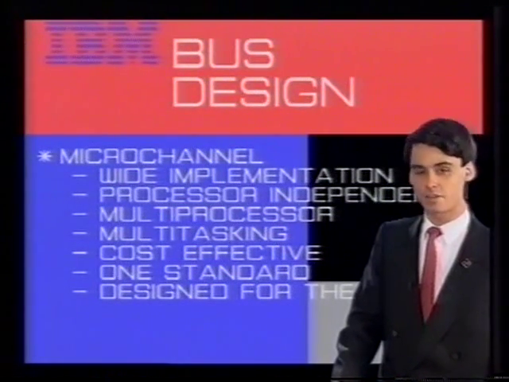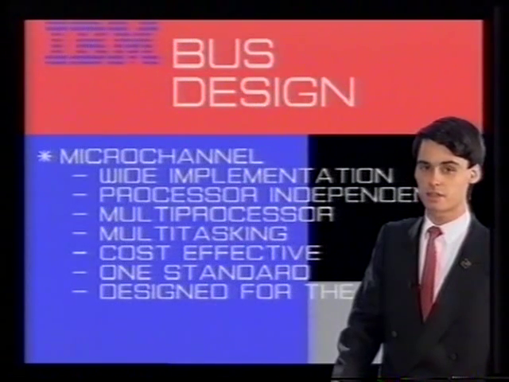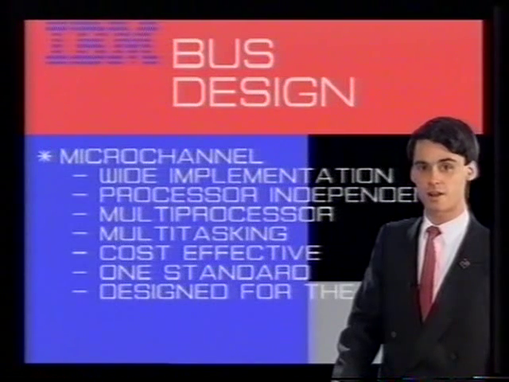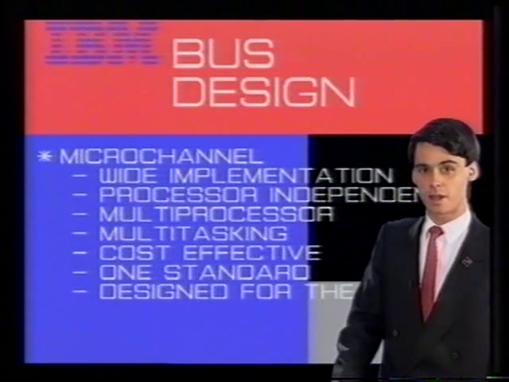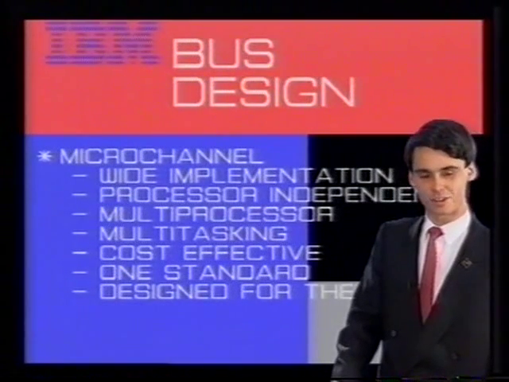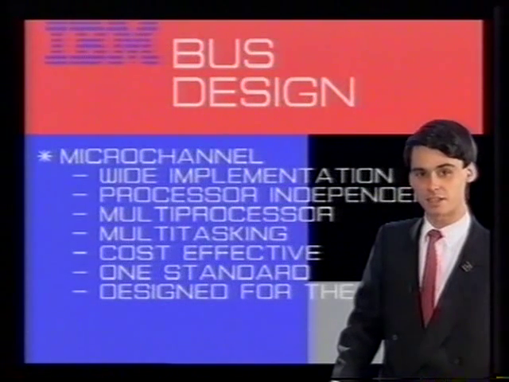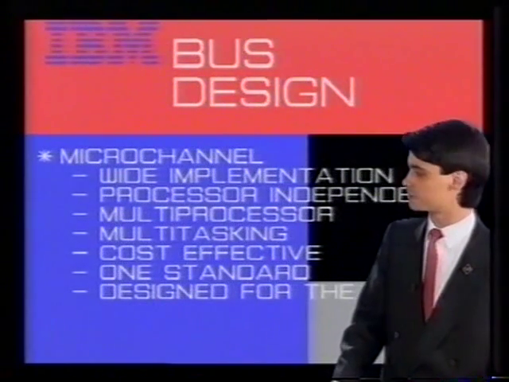In the heyday of the IBM PC-1, we had an operating system called DOS. DOS is a single tasking operating system. But now with operating systems such as Unix, OS/2, AIX, and the 370 environment, we need a multitasking bus architecture. A microchannel delivers.